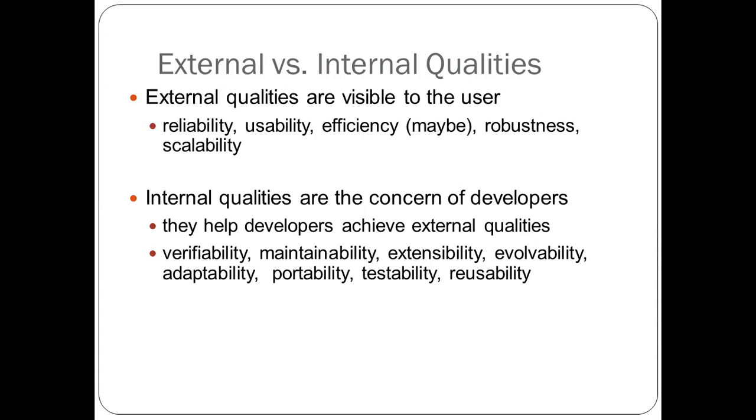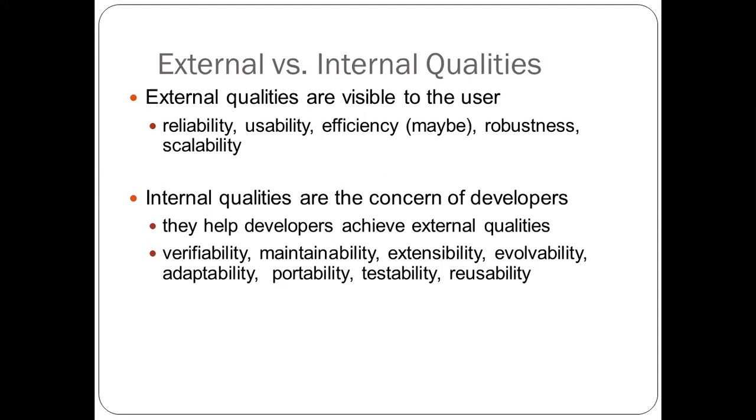We have already discussed these factors. These come under the various attributes. Whenever we are going to maintain the quality of the software, we will concentrate on various factors, and those factors are reliability, usability, efficiency, robustness, scalability. These come under the category of external qualities, and we have already discussed such factors.